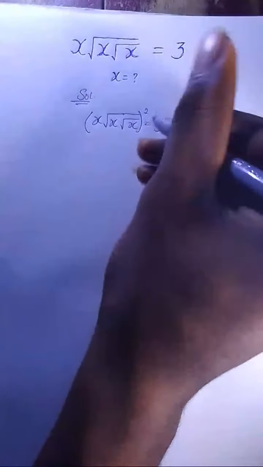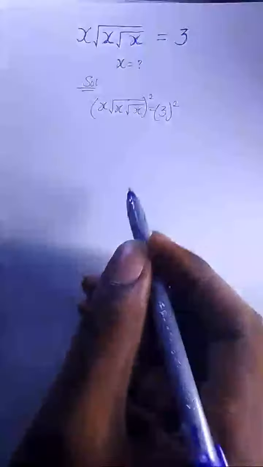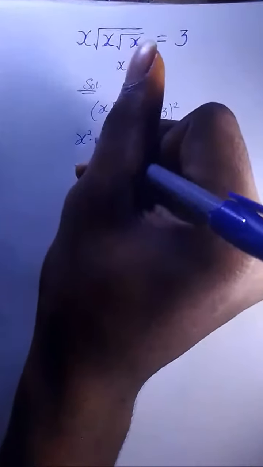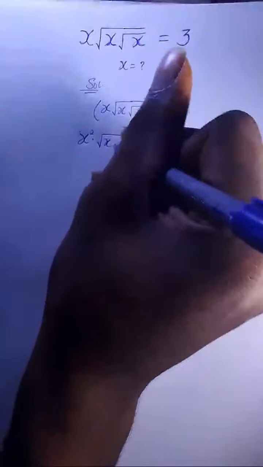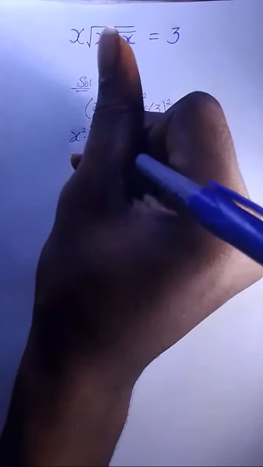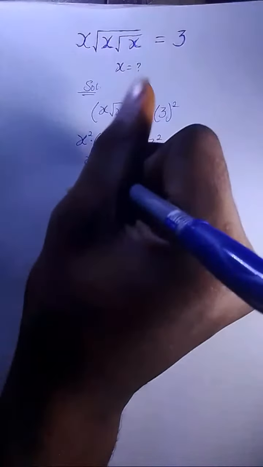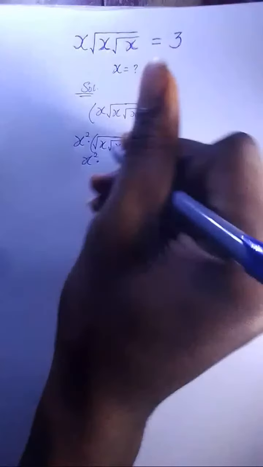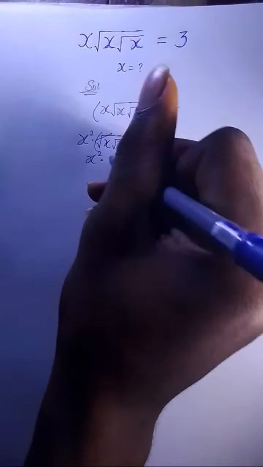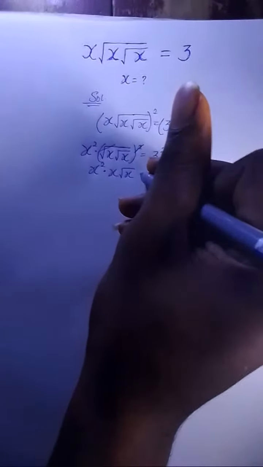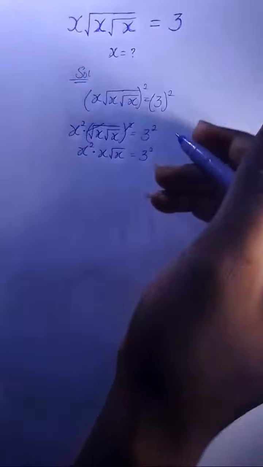When we square both sides, we have x squared times root x squared equals 3 squared. From here, the square cancels the square root, so we have x root x equals 3 squared.